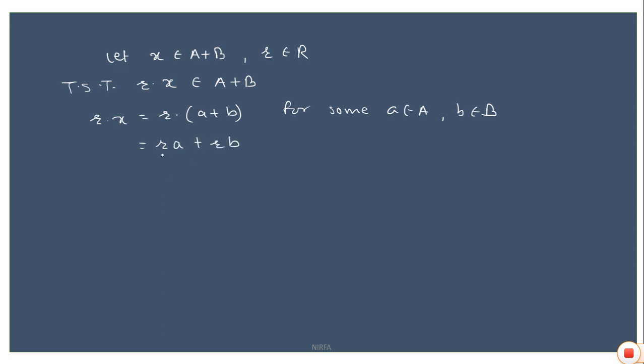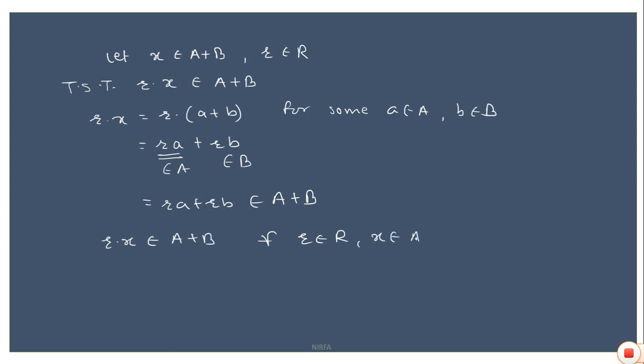Since A is a submodule, ra is a member of A, and rb is a member of B, therefore ra plus rb is a member of A plus B. Ultimately we can say that rx is a member of A plus B for all r belonging to R and x belonging to A plus B, and hence A plus B is a submodule of M.